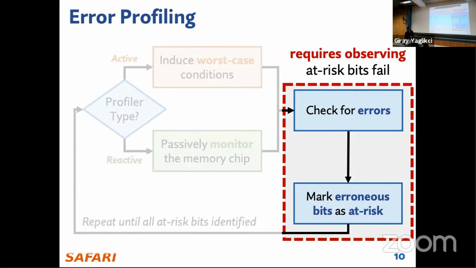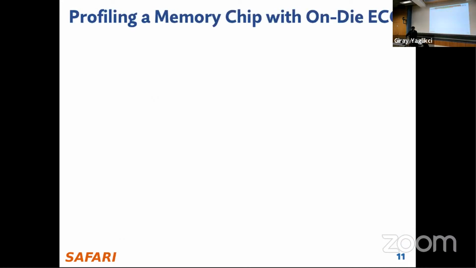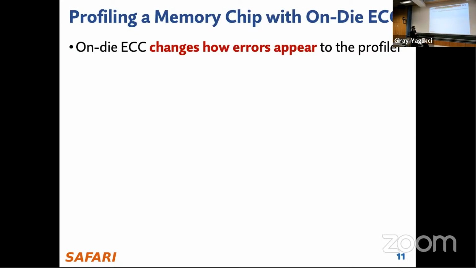The point I want to make here is that this whole process, regardless of which profiler you use, requires observing the at-risk bits fail, because only then do you know that this bit is at risk of error. Now let's take a look at what profiling a memory chip with on-die ECC looks like. On-die ECC, unfortunately, changes how errors appear to the profiler.